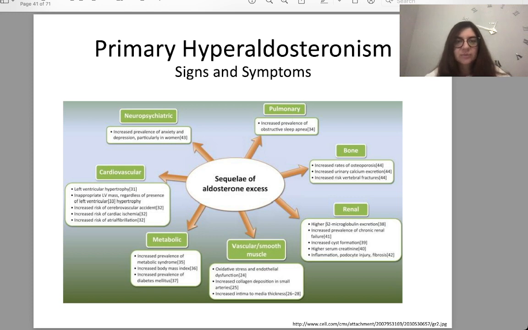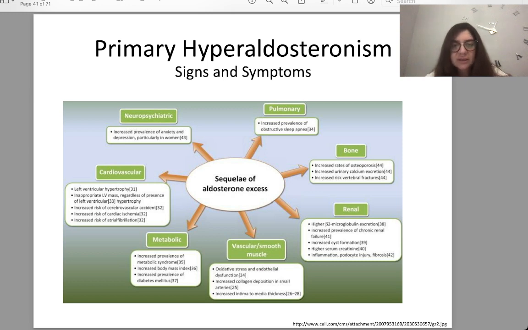Signs and symptoms. You see by the scheme that the results of aldosterone excess can be pulmonary, with increased prevalence of obstructive sleep apnea; bone changes, with increased rate of osteoporosis, urinary calcium excretion, and risk of vertebral fractures.